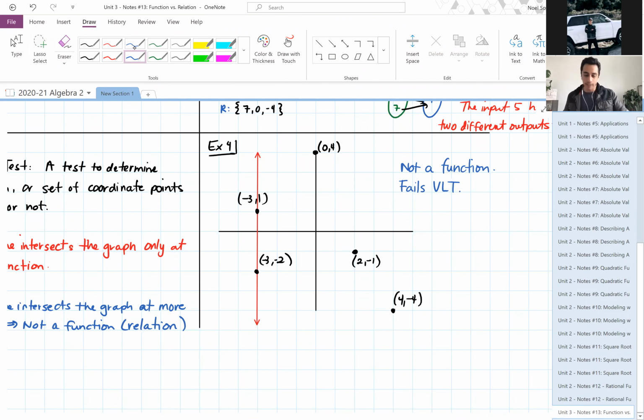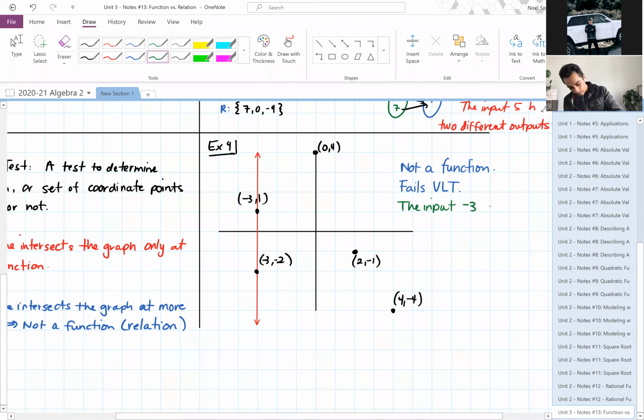If you wanted to be even more outstanding, you could also say that the input -3 gives 2 different outputs, 1 and -2, right?